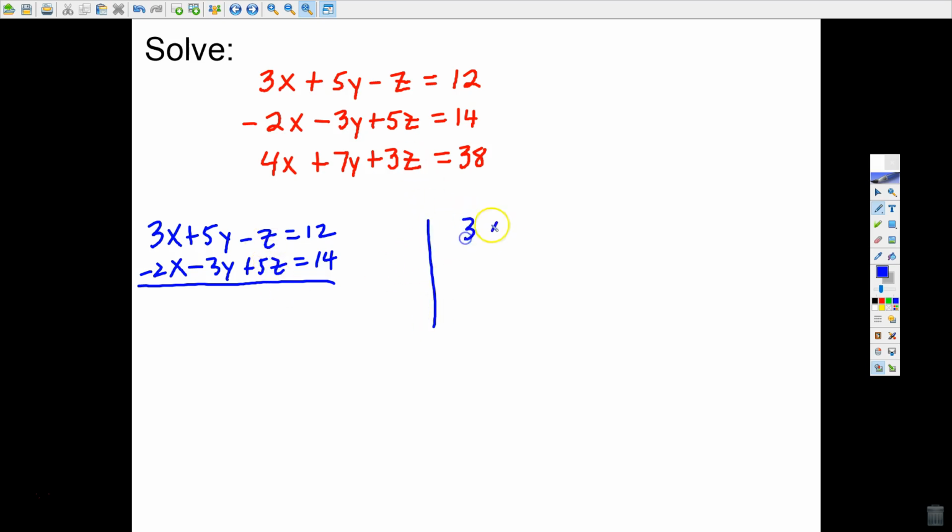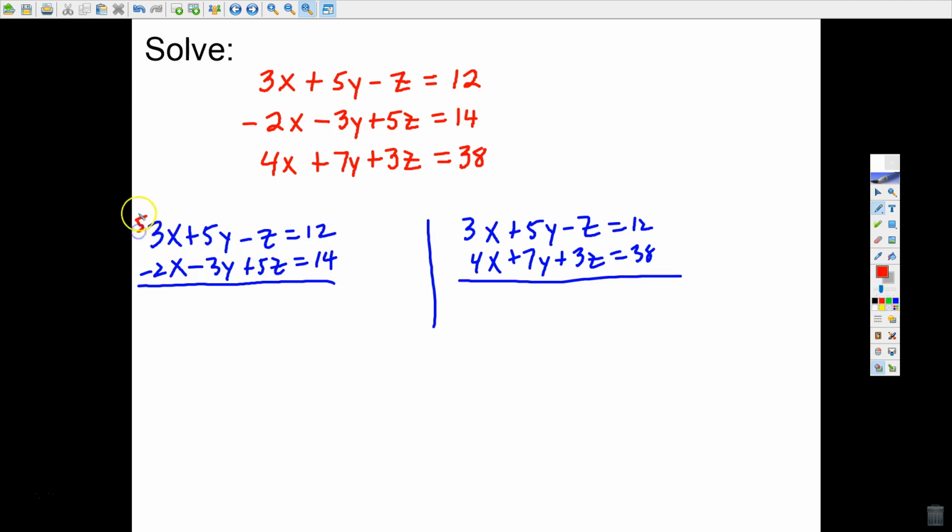So here's my first equation again. You can pair these up however you want. I mean, obviously you're limited, but as you can see, this is an example of first and second paired, and then the first and third paired up. All right, and so to eliminate z, I'm going to need to multiply by 5 across the top.